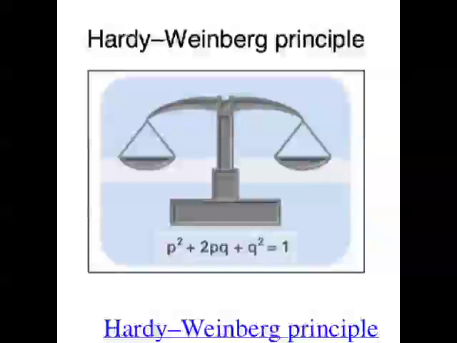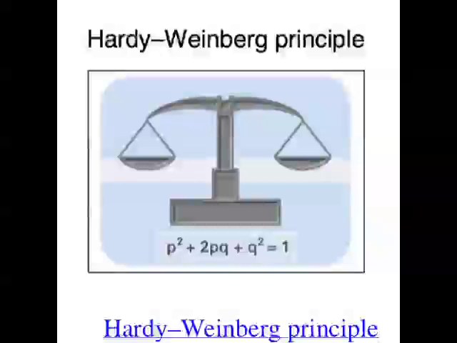So I've got a population. Half the alleles are big B and half of the alleles are little b. We can then figure out the genotype frequencies in a population. So in fact, the proportion of organisms in the population with the genotype big B big B is equal to P squared, which is a half squared, which is equal to a quarter.